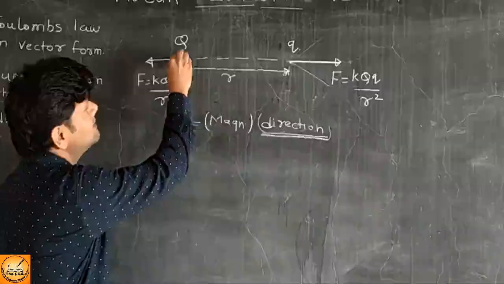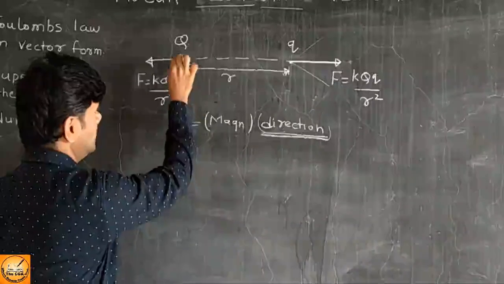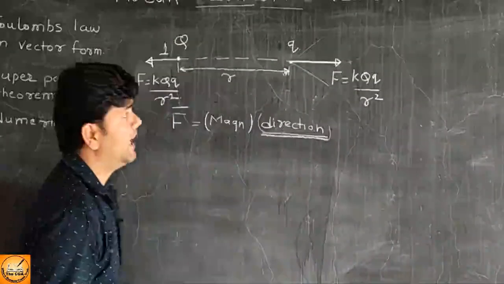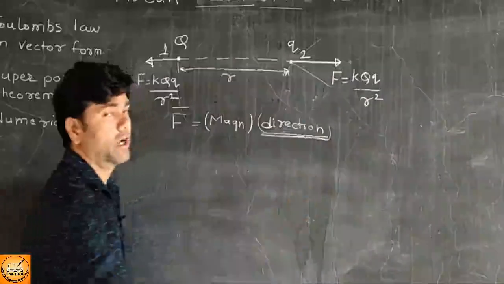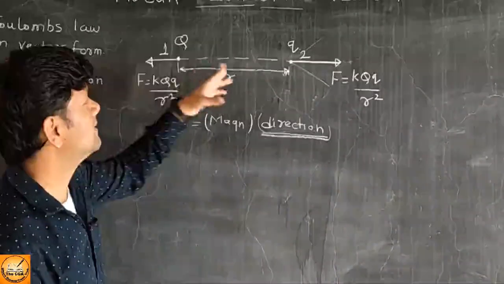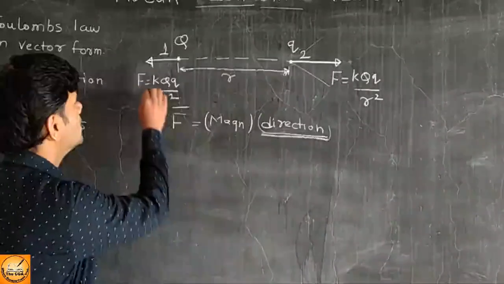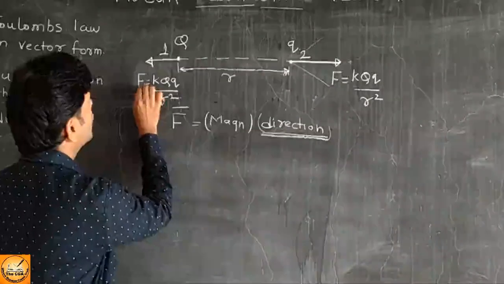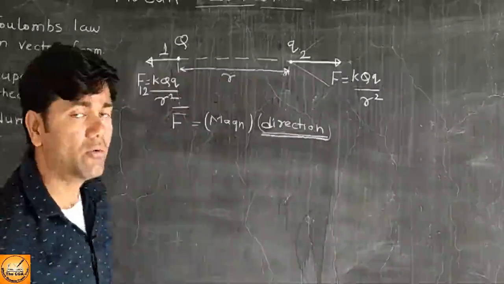Let's consider this capital charge is at a certain location, which we represent by number 1, and the small q charge is at location 2. For timing, we will call the force on 1 due to 2 as F12 in vector form.